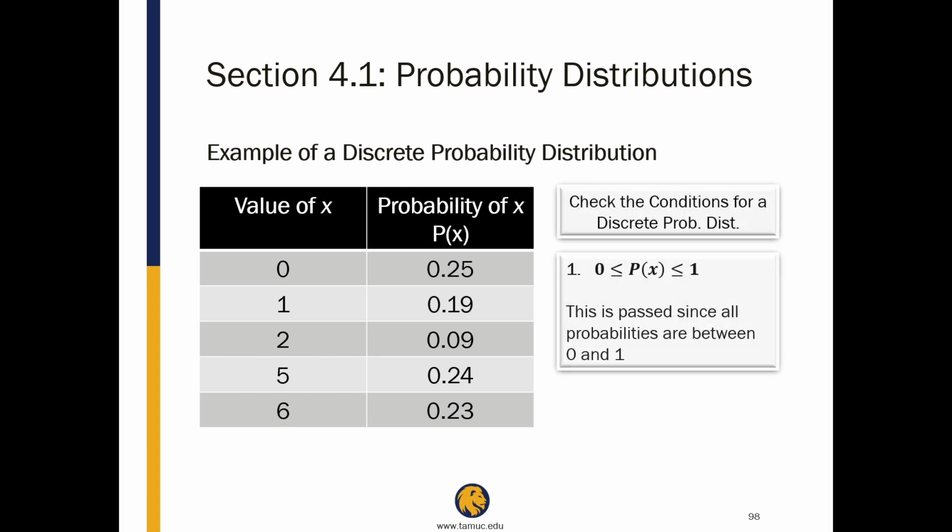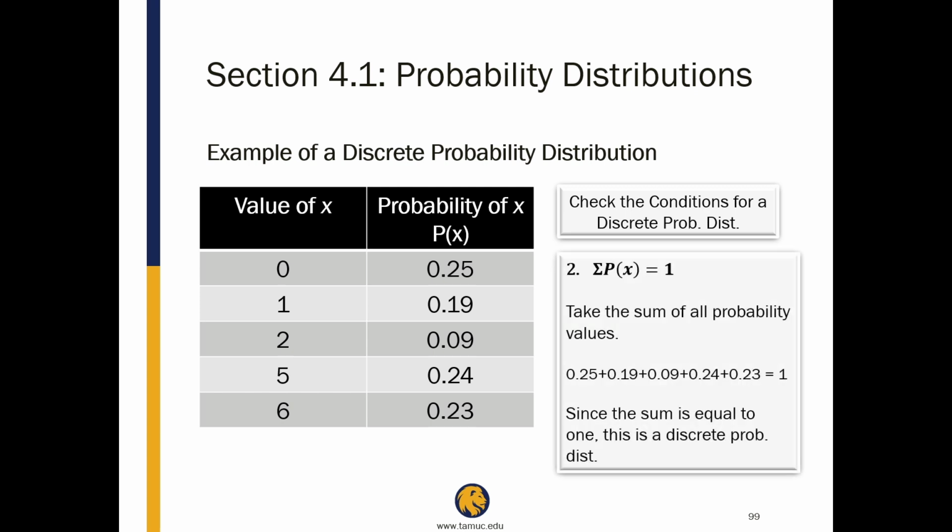For that to happen, first off, every probability value needs to be between 0 and 1, including the numbers 0 and 1. And this is true. Looking at all the probability values, not the x values, they are 0.25, 0.19, and so on. They're all numbers between 0 and 1. So that first criterion is passed.